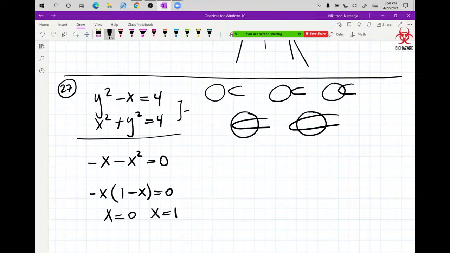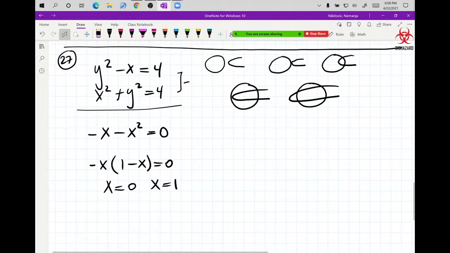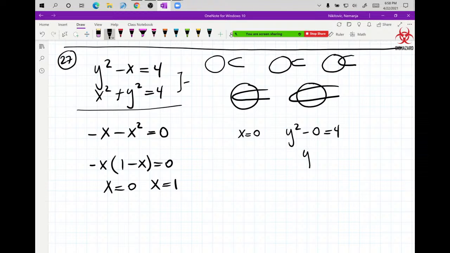And when we are done with this calculation here, we can go back and figure out the y values. So when x is equal to 0, we can use y squared minus 0 equal to 4, y squared equals 4, and here we take the square root of both sides with a plus and a minus, so y produces plus minus 2.